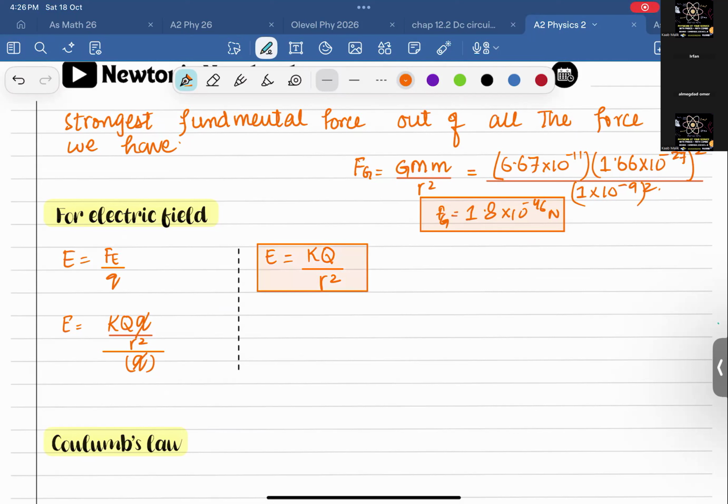Please keep in mind that Q is basically the source charge, the charge that creates the electric field. And r is the separation between the two things, right?